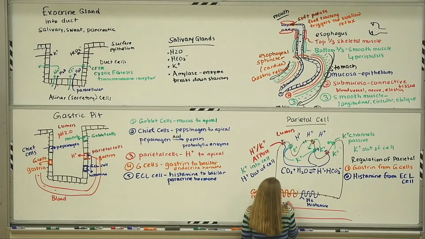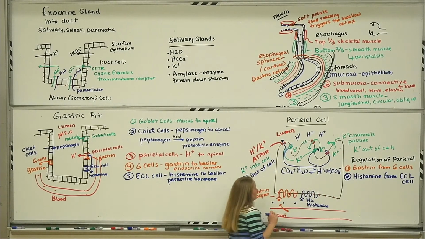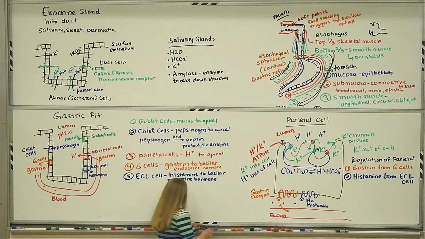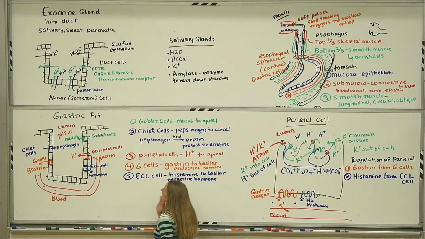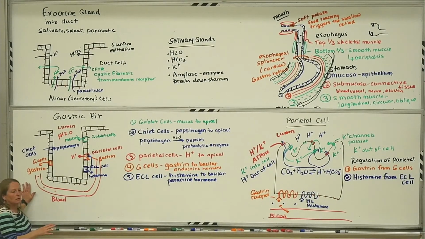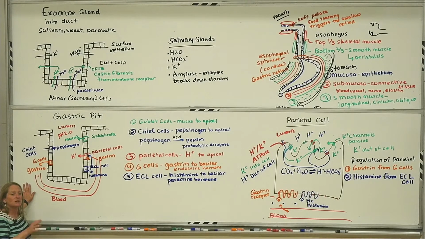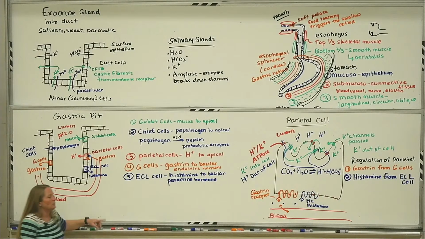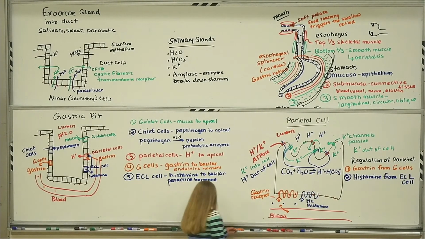Okay, so this is just going to be diffused, binds. That's everything that's in our gastric pit, all the different cell types and what they release and to where they're releasing them. But we still have one more method of regulation for our parietal cell.